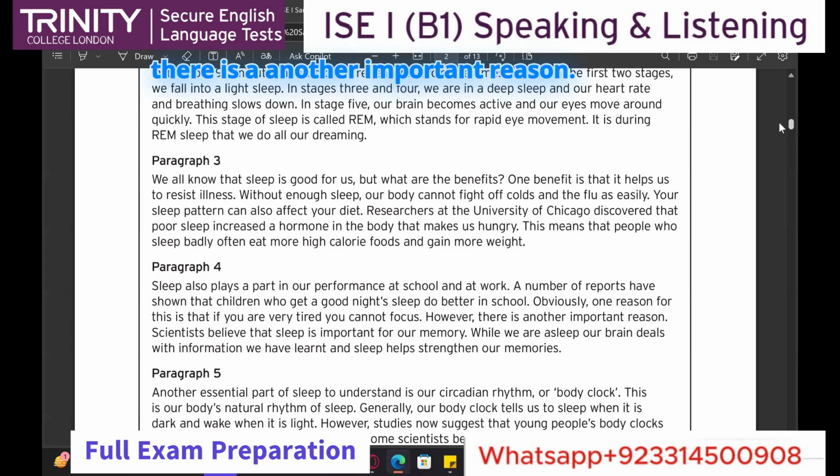However, there is another important reason. Scientists believe that sleep is important for our memory. While we are asleep, our brain deals with information we have learned, and sleep helps strengthen our memories.